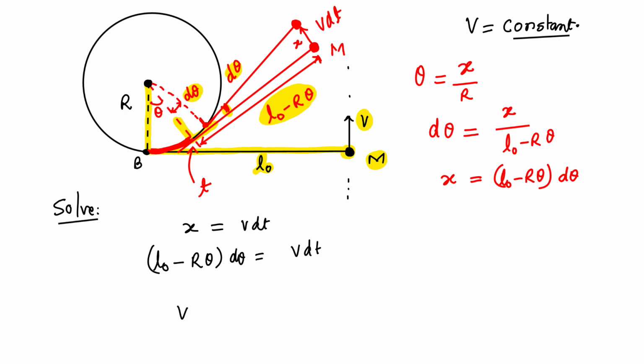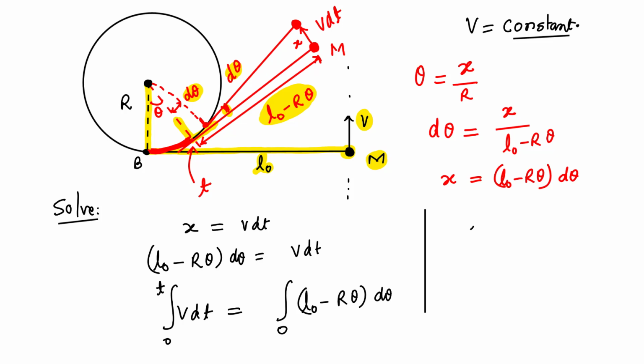Let's keep v dt on this side. I integrate v dt, and I also integrate L naught minus R theta d theta. Time will go from 0 to t, and theta will go from 0 to the final limit of theta. The length is L naught, and it will make L naught by 2 pi r turns, and in each turn it will complete an angle of 2 pi radian.